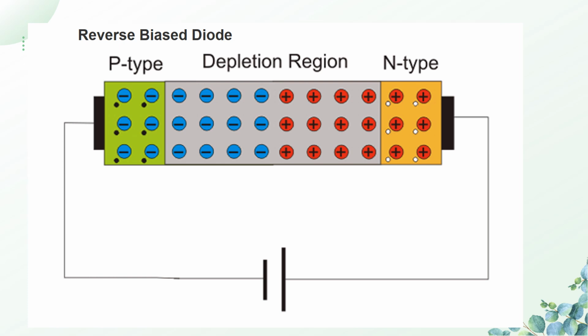Due to the wider depletion region, there is no output current, but if some of the charge carriers reside in the depletion region, it leads to a small reverse biased current, and if the reverse voltage is increased beyond a limit, then it leads to a breakdown called avalanche breakdown.